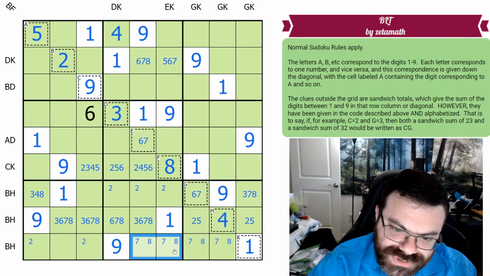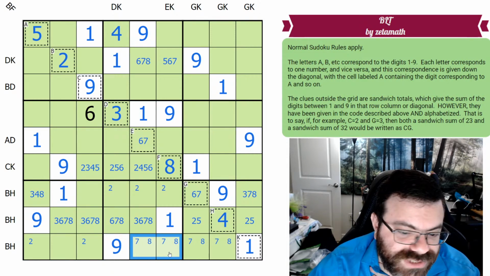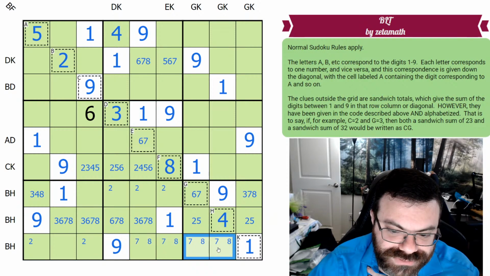What if there's a 4, 2, or 5 in here? Can't be a 2, but what if there's a 4? What if this were 4, 5? Is that possible? Yeah, this could be 4, 5, 7, 8. 4, 5, and then 7, 8.